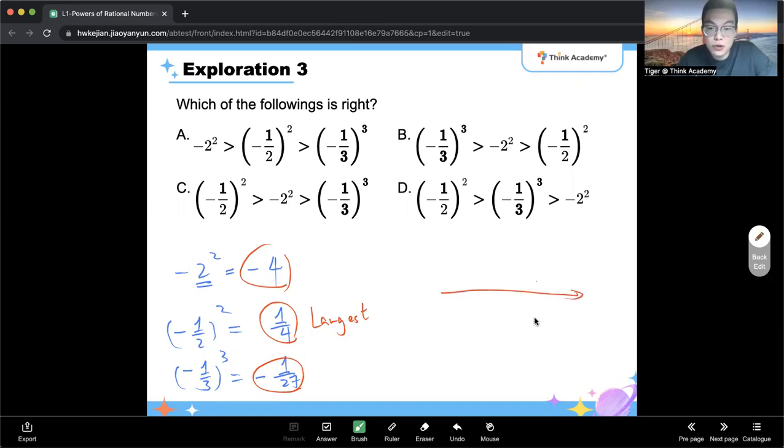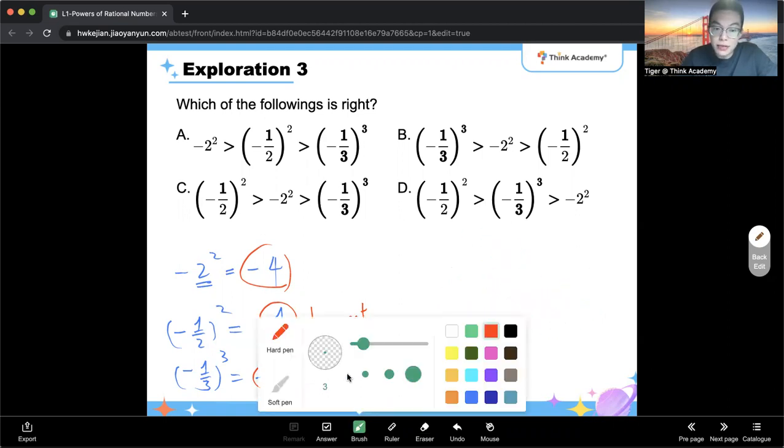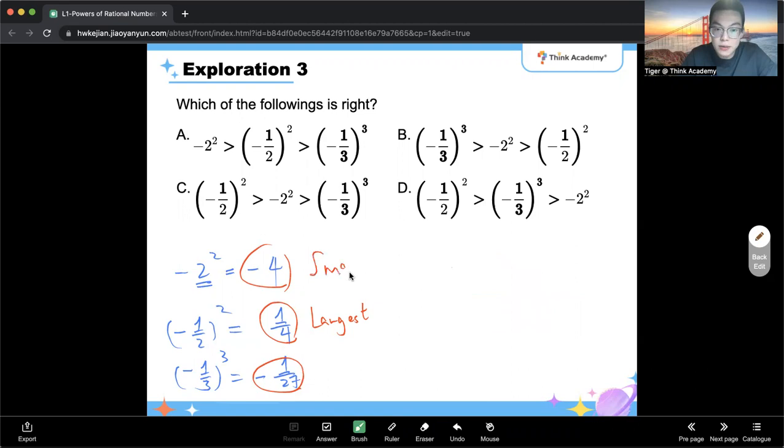If you draw a number line, -1/27 might be just 1/27 less than 0. But -4 is 4 less than 0. So definitely it's going to be much smaller than -1/27, which means that this is the smallest, right?